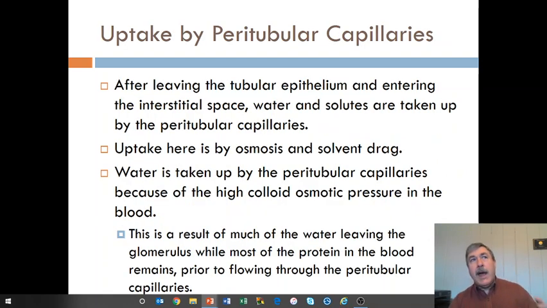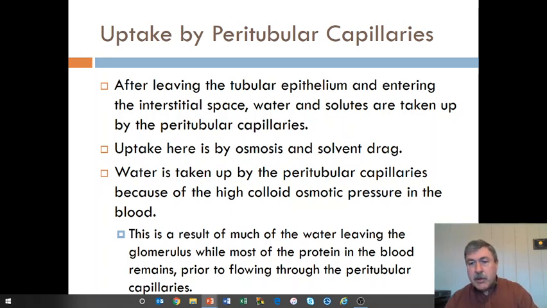All right, so after leaving the tubular epithelium and entering the interstitial space, water and solutes, like electrolytes, are taken up by the peritubular capillaries. And the uptake of water by the peritubular capillaries occurs mainly just through simple diffusion and osmosis.